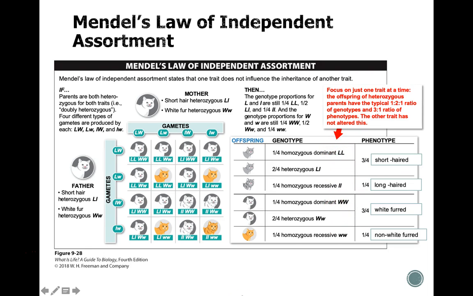So the point of this is to show you that each of these are independent events, that the probability of having a particular hair length has nothing to do with the probability of having a certain fur color, but you can determine the overall probabilities using that multiplication rule that we used when we were looking at pedigrees and Punnett squares.